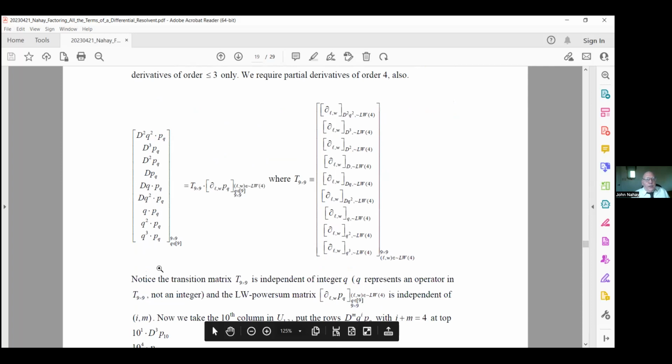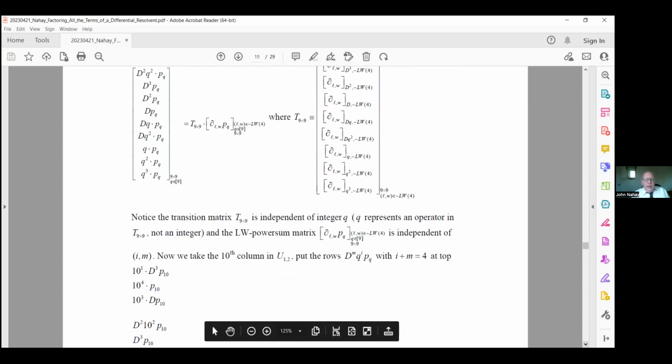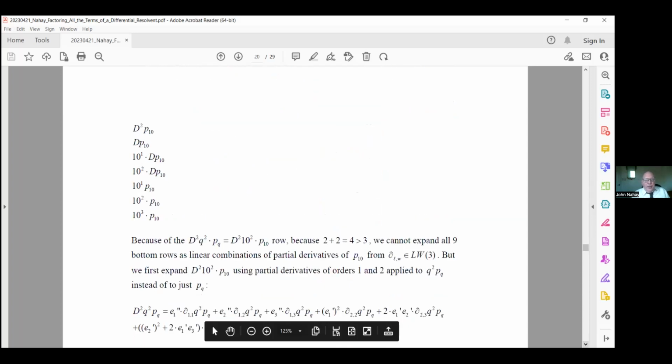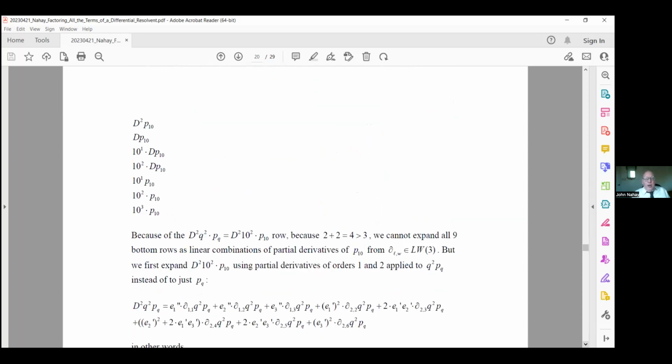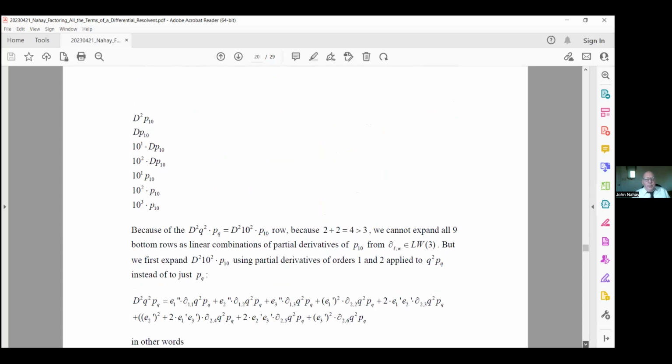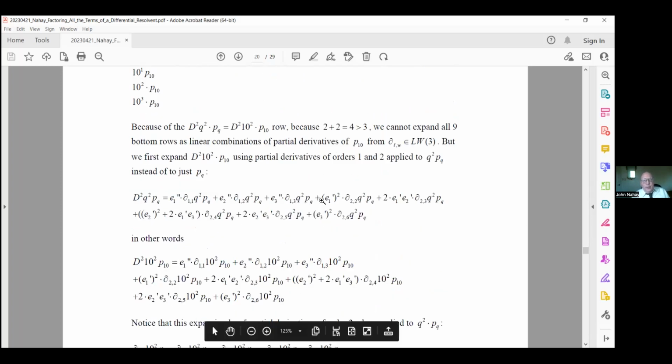So the first 9 columns we can factor, but you actually have to express it in terms of partials up through order 4 over this lopped off set of partials. When you get to the 10th column, you first expand D squared Q squared PQ in terms of second order partials on Q squared PQ.